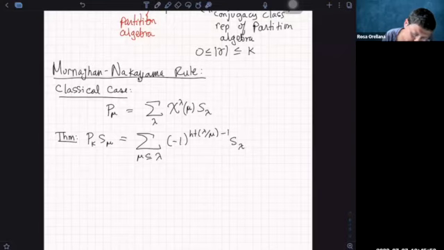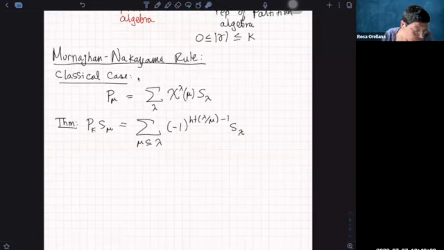If you start here with the empty diagram, and you multiply for any partition, it would give you an expression, and the coefficients are actually the characters of the symmetric group.